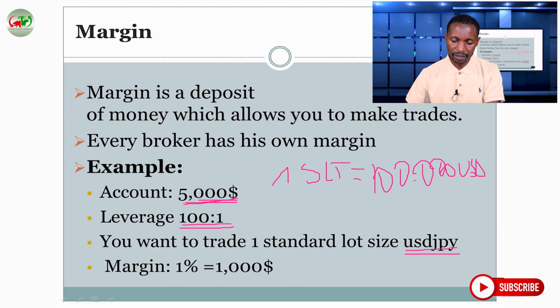Because your broker has a leverage of 100/1, it means you will need only a margin of $1,000.